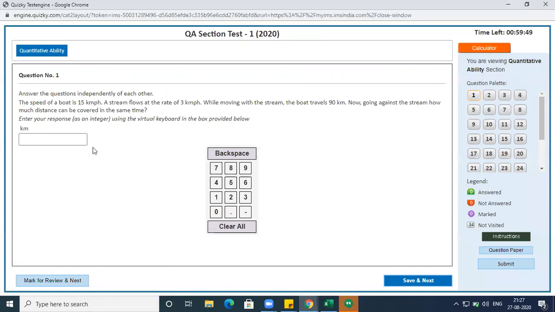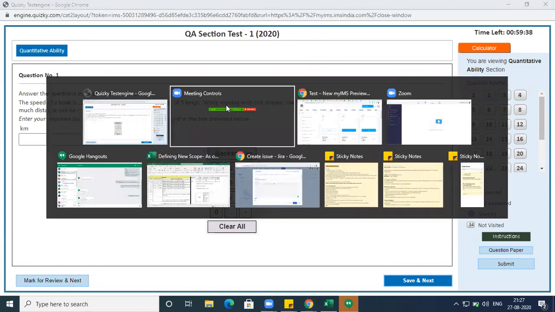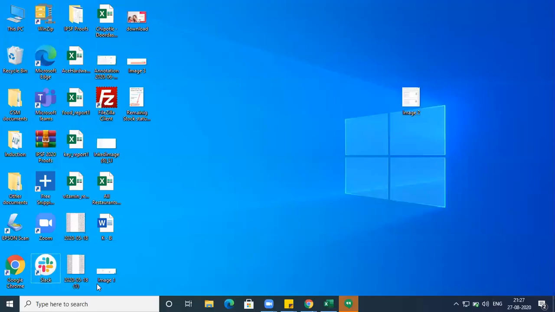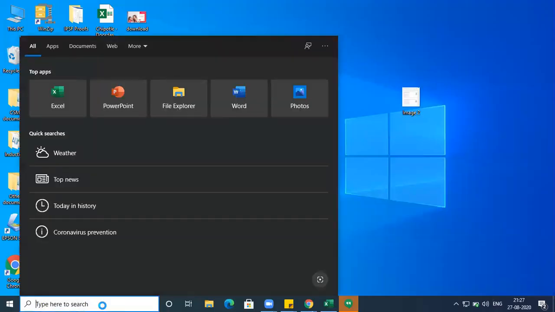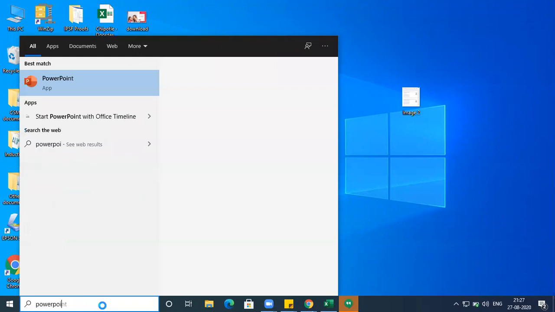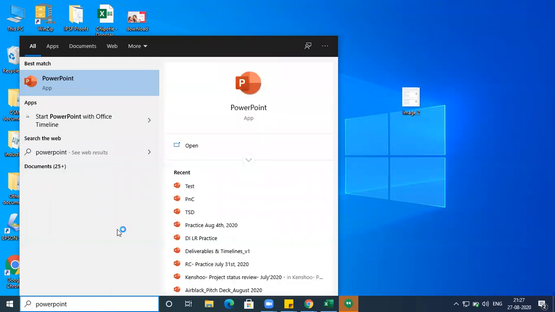All right. First question. The speed of a boat is 15 km per hour. A stream flows at the rate of 3 km per hour. While moving with the stream, the boat travels 90 km. I'll keep switching. I had to open a PPT here. Give me one moment, guys. Sorry about this.